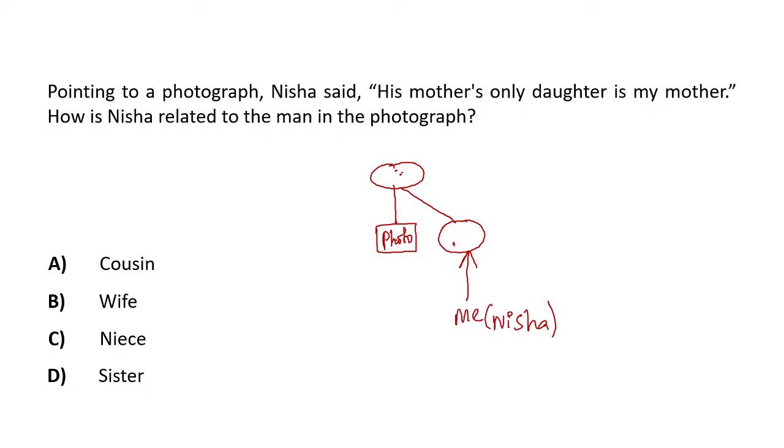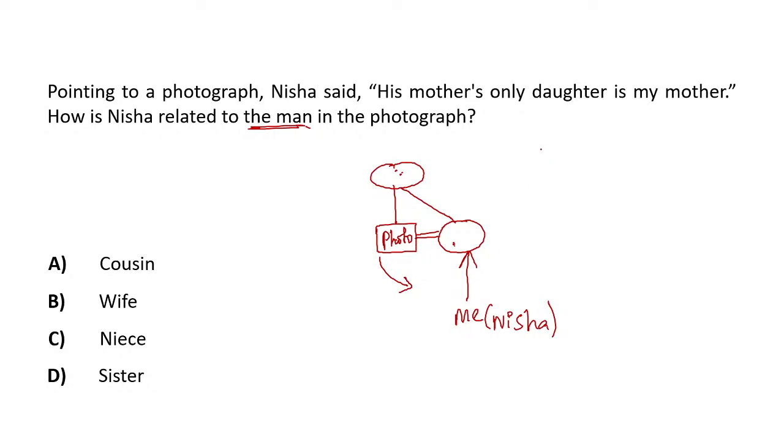So the person in the photograph, this man, and Nisha, how are they related? They both share a common mom, which means they are siblings. So from the man's perspective, Nisha is his sister's daughter.